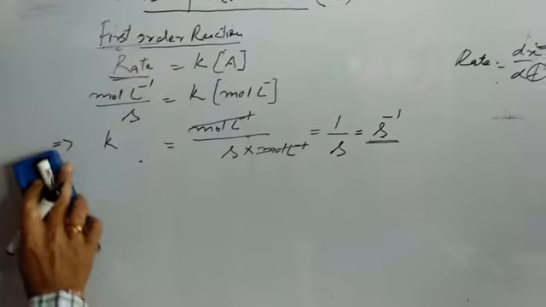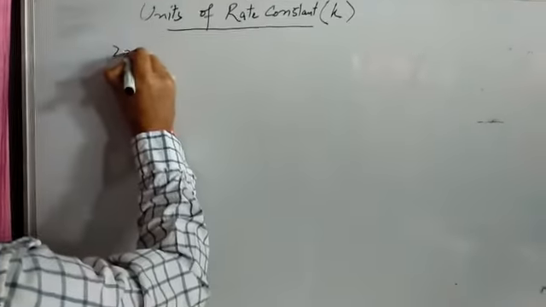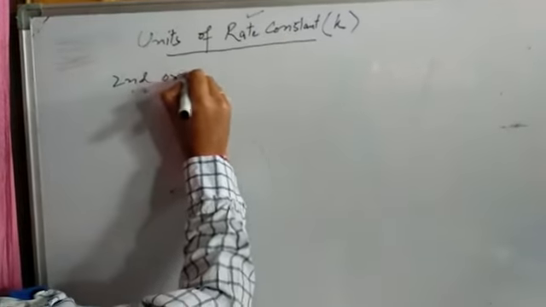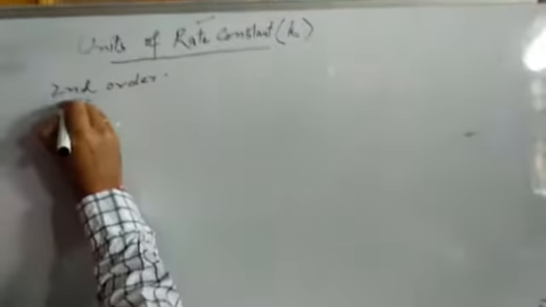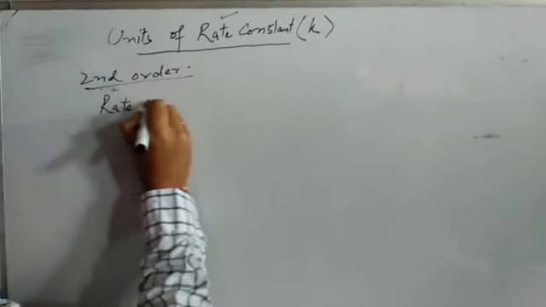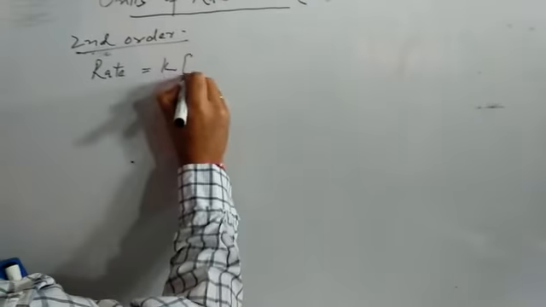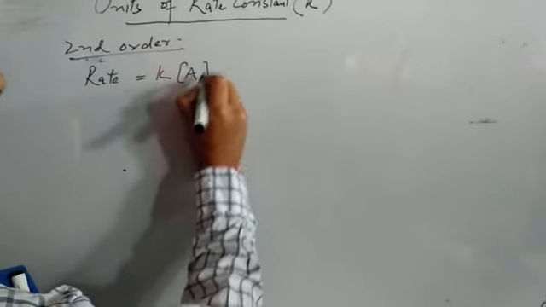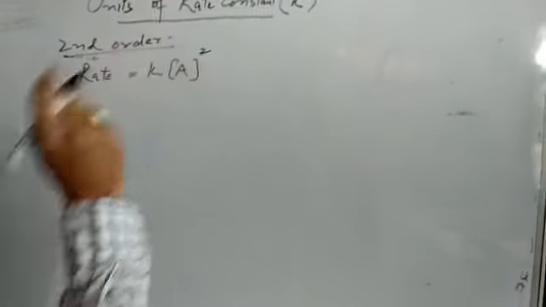Similarly, let us move to the second order reaction now, and find the unit of the rate constant. For a second order reaction, rate is equal to K into the molar concentration of reactant A raised to power 2. This is the second order reaction.